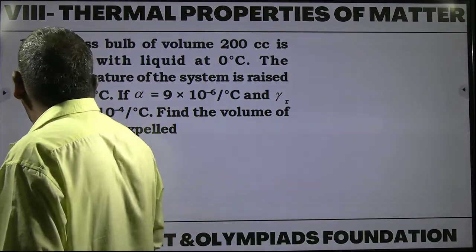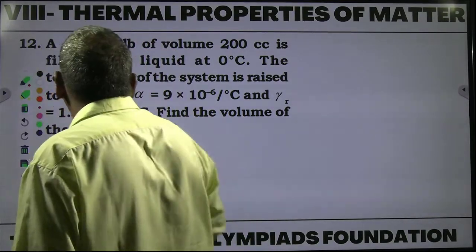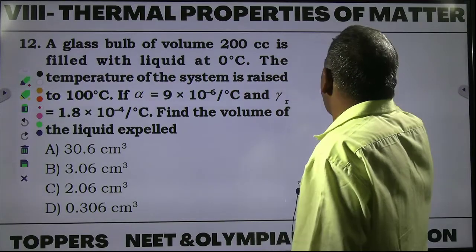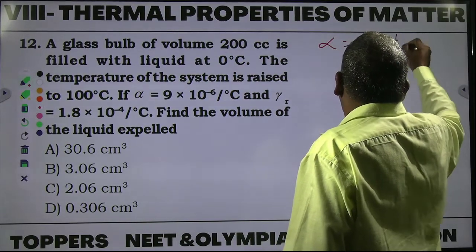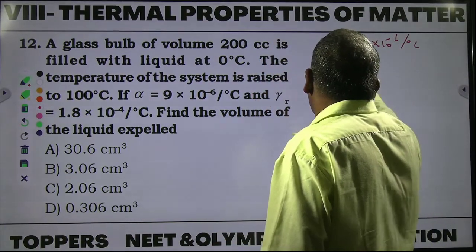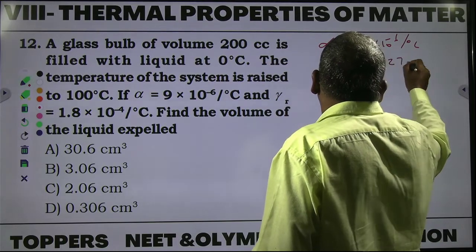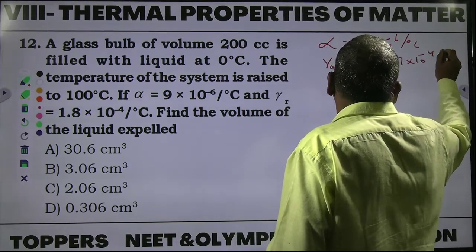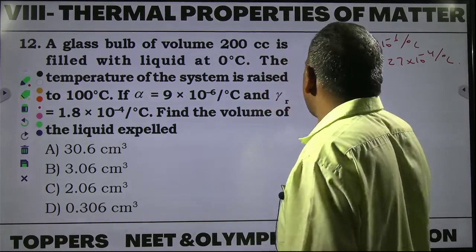If you want to find out how much volume is expelled, alpha is 9 into 10 power minus 6, then you can find out gamma. Gamma G is equal to 3 alpha, that becomes 27 into 10 power minus 6 per degree centigrade. So now the real expansion is given.